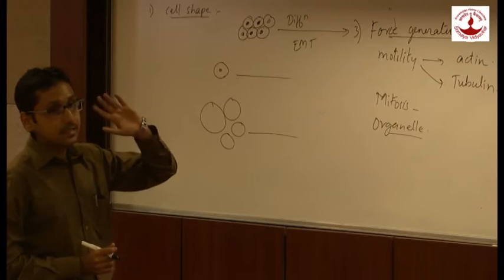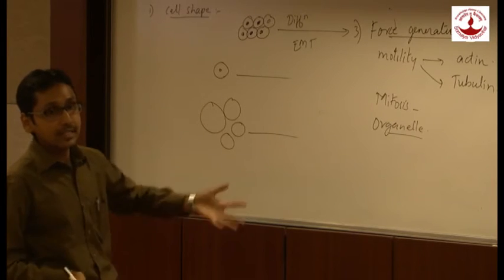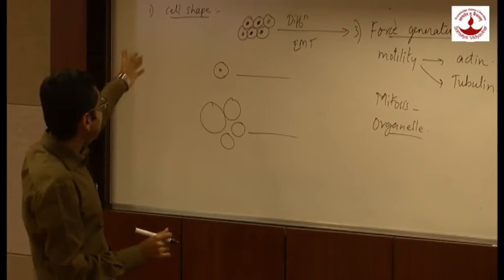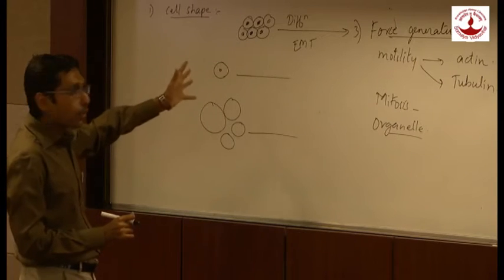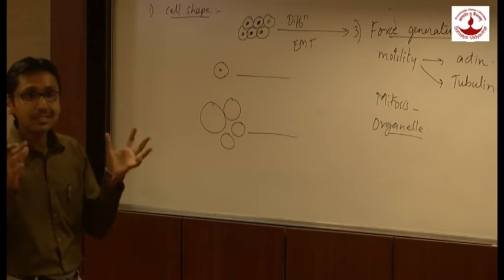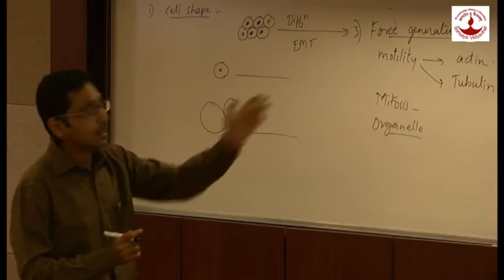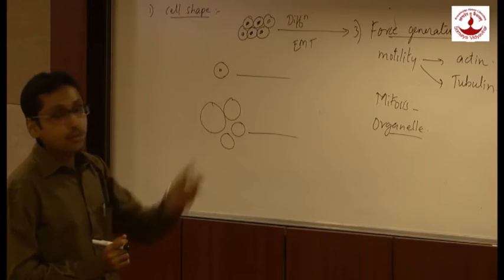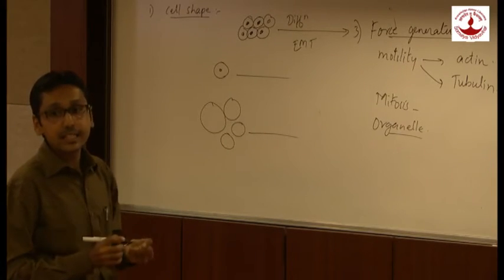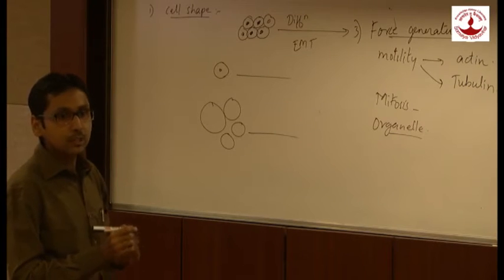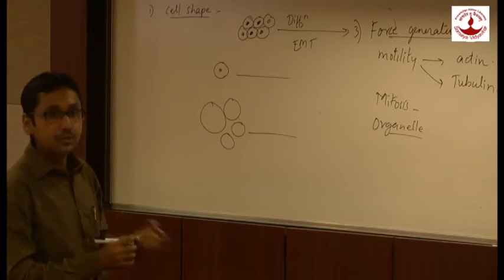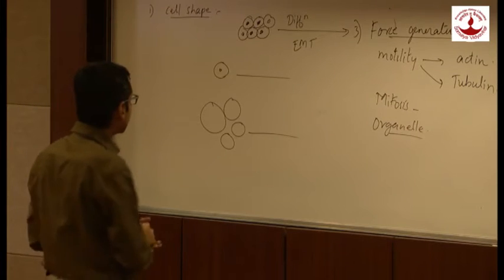These two properties seem to be contradicting each other. For maintaining the cell shape, for example, it requires strength to withstand the compressive forces. So one property that is required by the cytoskeleton is rigidity. It should be very strong, it should be stable, and should be able to withstand the compressive forces.